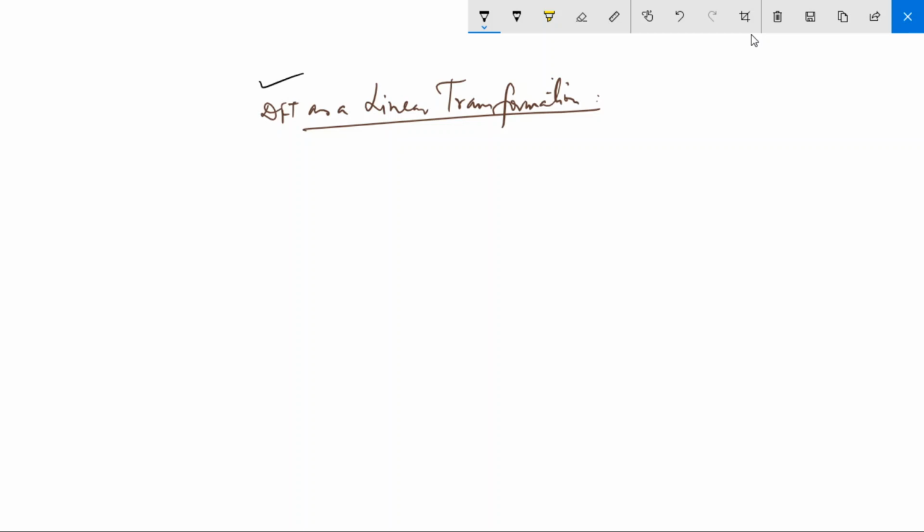Okay, in this class we will discuss how DFT can be taken as a linear transform. We have defined the equation for DFT and IDFT.